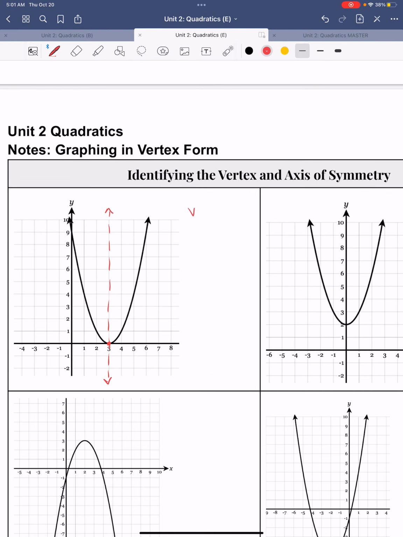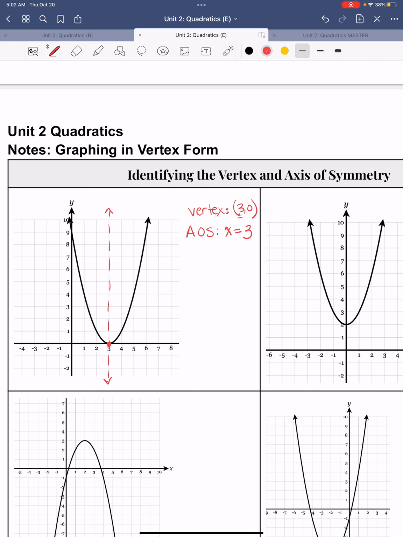So my vertex is going to be this ordered pair, 3, 0. And my axis of symmetry, which I just call AOS for short, is going to be x equal to whatever my h value is, which in this case is 3.